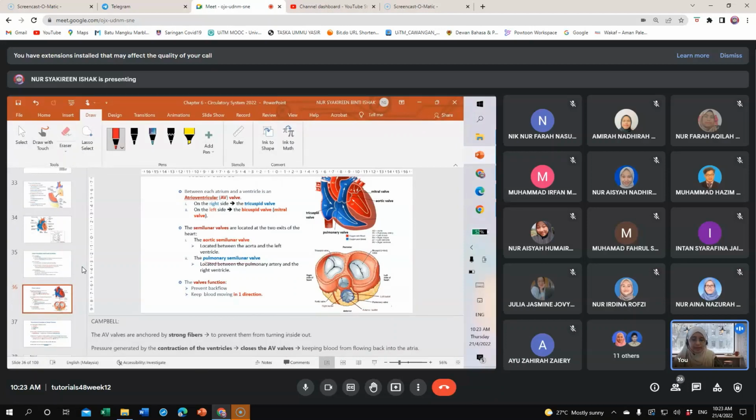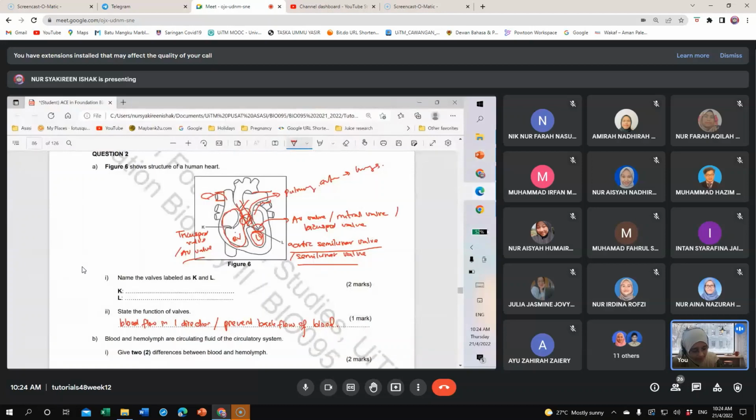Kalau aorta, aortic semilunar valve. Okay. So kalau untuk antara left ventricle dengan left atrium, you have the AV valve juga, tapi nama spesifik dia adalah bicuspid ataupun mitral valve.